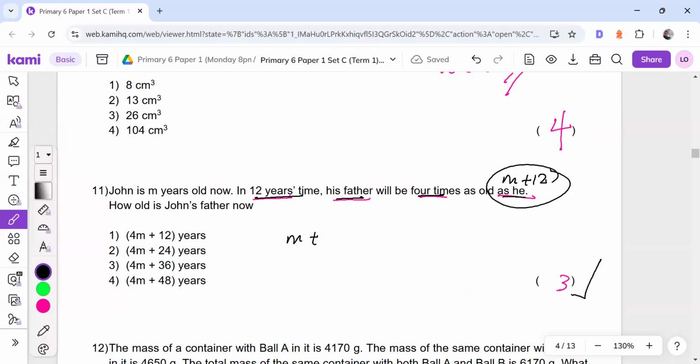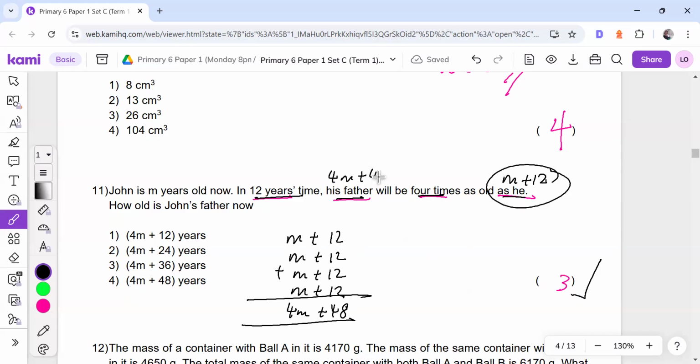If you don't know how to times 4, never mind, just repeat 4 times and add them together, and you get 4m plus 48. So the father was 4m plus 48 in 12 years' time. That's the father's age in 12 years' time. How old is the father now?